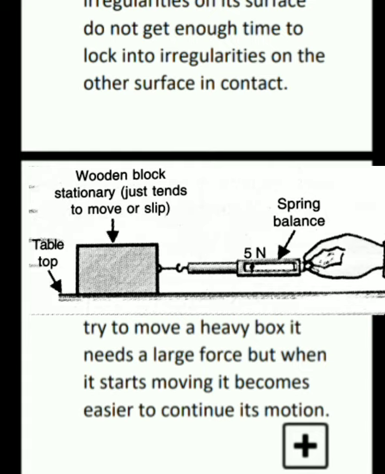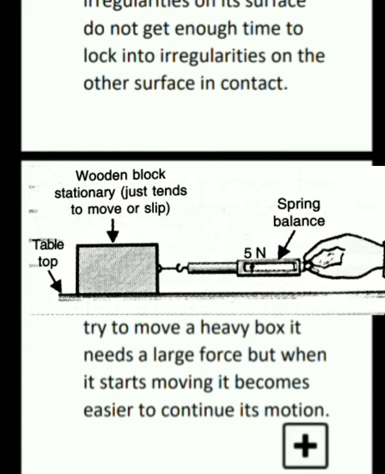A spring balance is attached to the hook of the wooden block, and you have to pull the spring balance to the right side with a very small force, which is not sufficient to move the block.